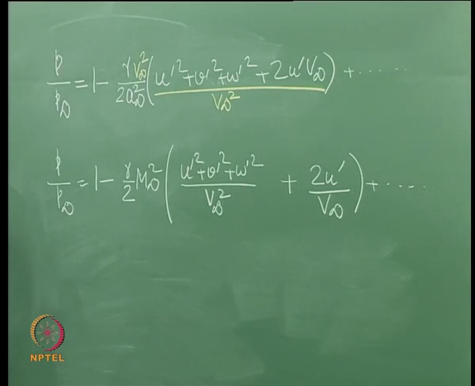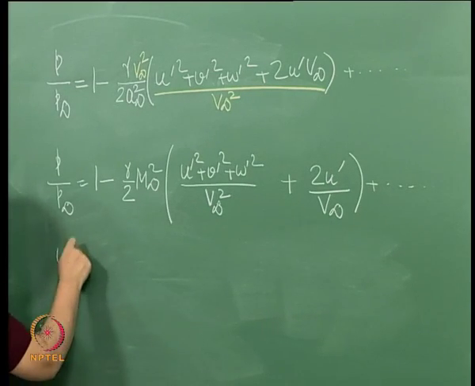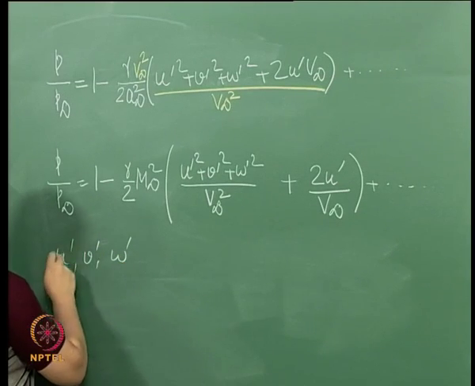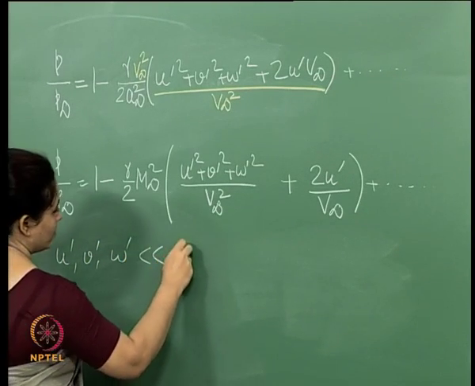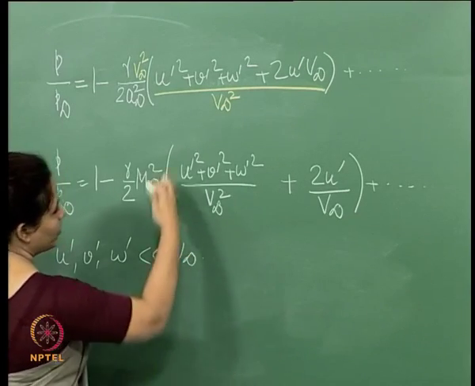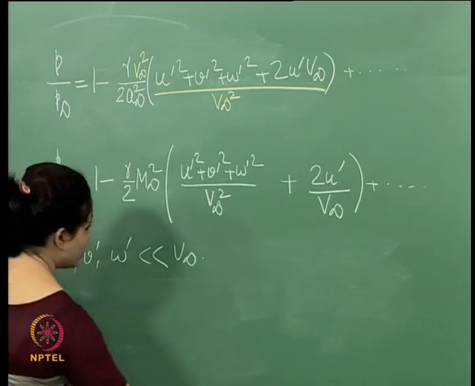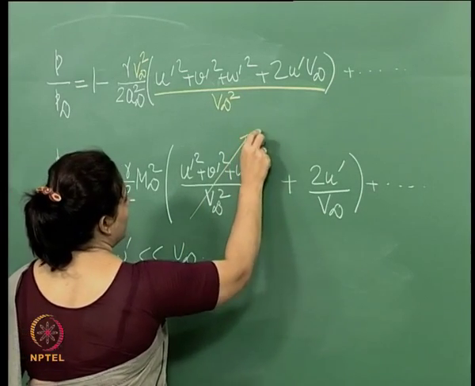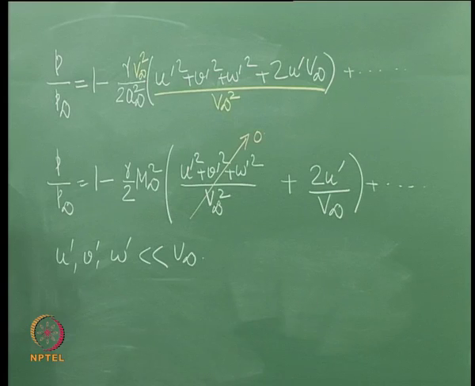Now at this point of time, let us introduce the small perturbation theory, right? So small perturbation theory, which means, right, therefore the squares, etc. So if I use the small perturbation theory, I can basically say that we can ignore this term.